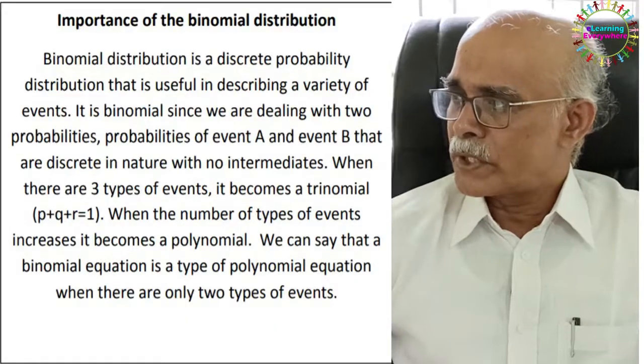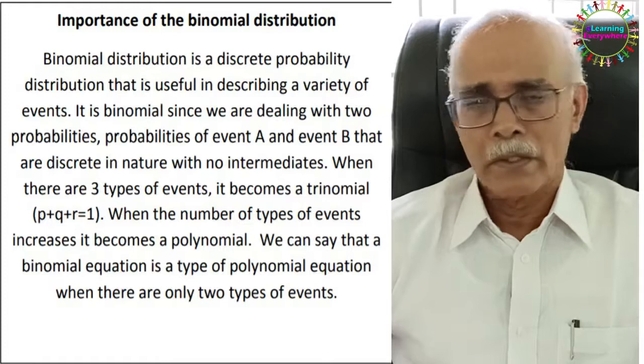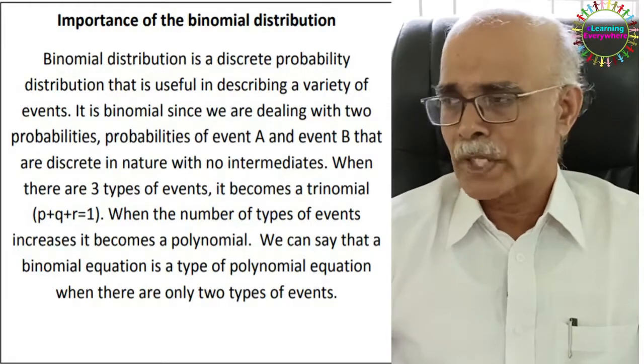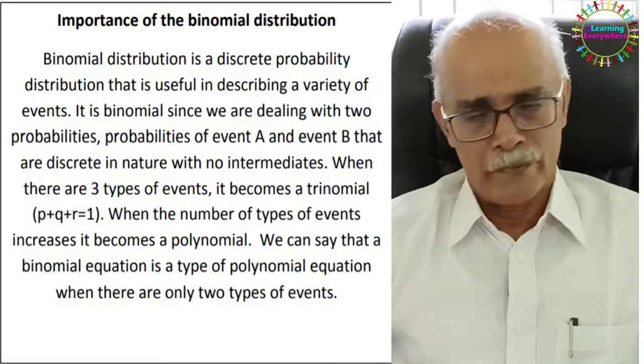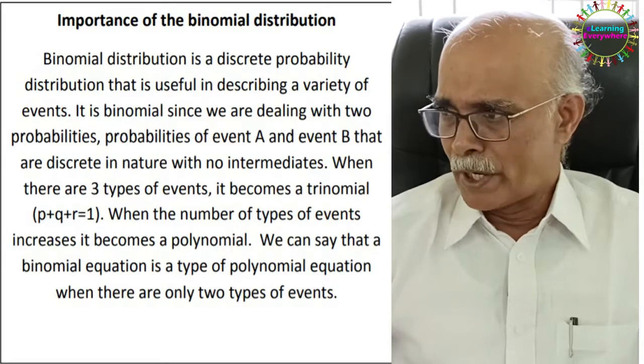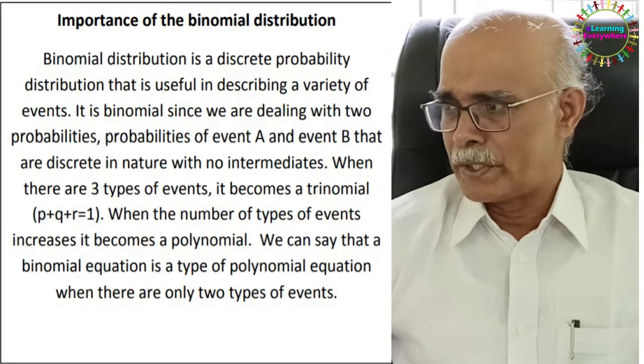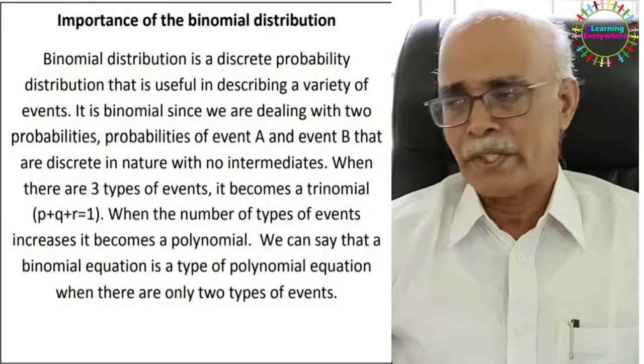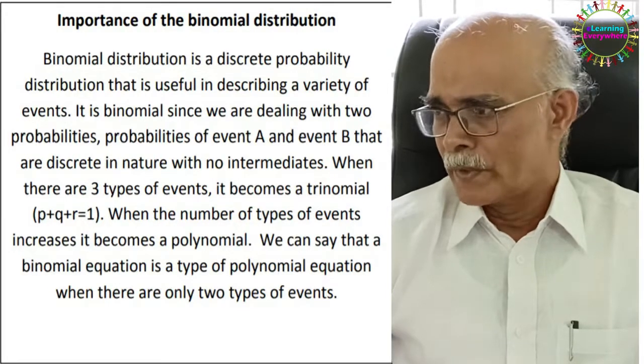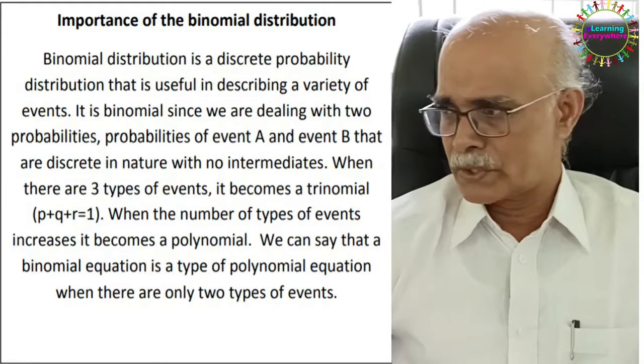Then, about the importance of binomial distribution. Binomial distribution is a discrete probability distribution that is useful in describing a variety of events. It is binomial since we are dealing with two probabilities, of event A and event B, that are discrete in nature with no intermediates.